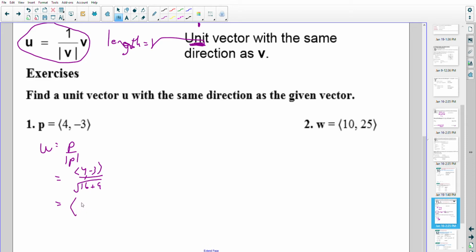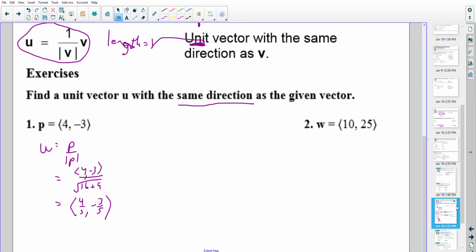So that vector is <4/5, -3/5>. What that means is you're basically taking vector p and converting it into a unit vector of length 1, which has the same exact direction. So you're shortening the vector. The initial magnitude is 5, and you're going to make it a length of 1, which means if you were to find the magnitude of this one, you would see that it actually has a length of 1.